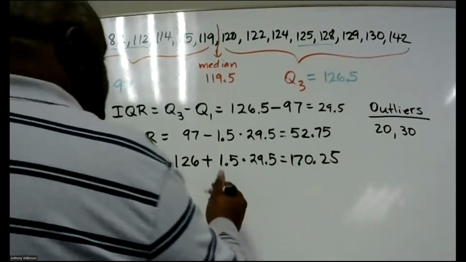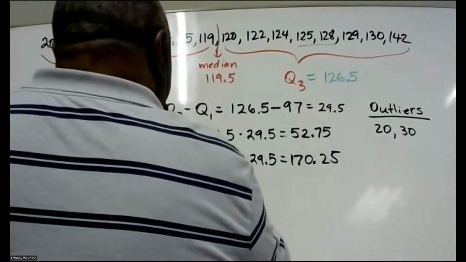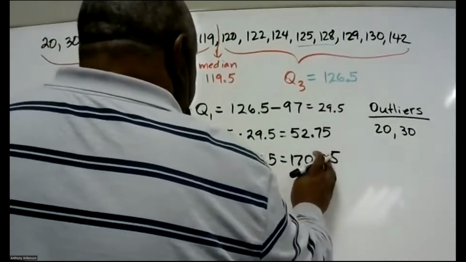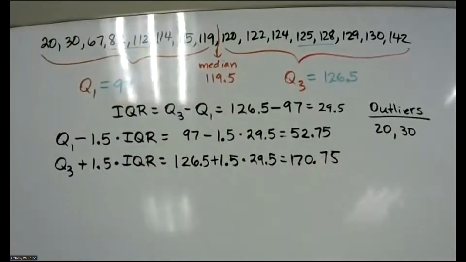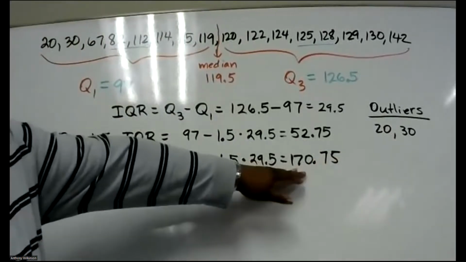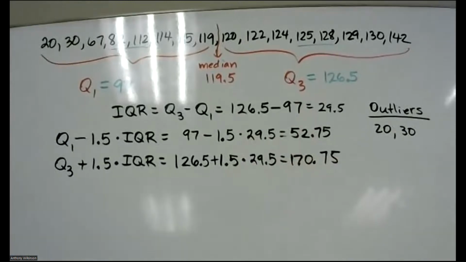It should be 126.5, and then plus that, this will be 170.75. Now, are there any values that are greater than 170.75? There are not, okay? So that means that the only outliers that we have are the 20 and the 30.